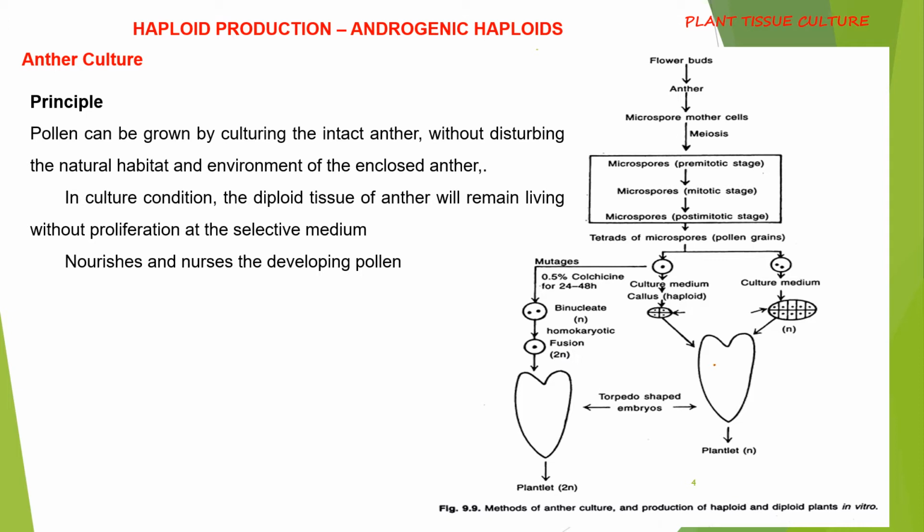The figure on the right illustrates the method of anther culture to get haploid plants by direct and indirect organogenesis, and also getting homozygous diploid plants by mutagen treatment of haploid cells.